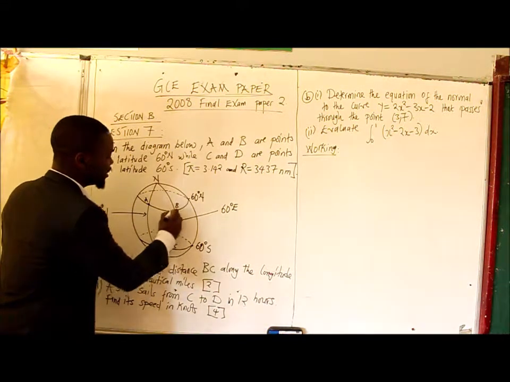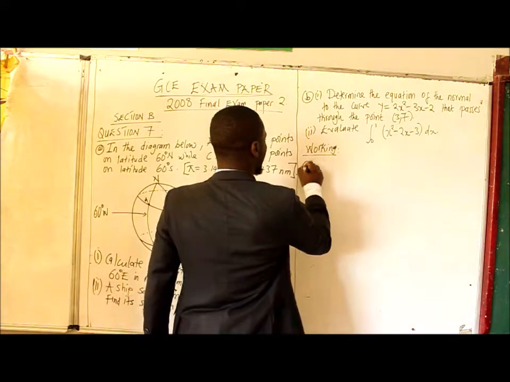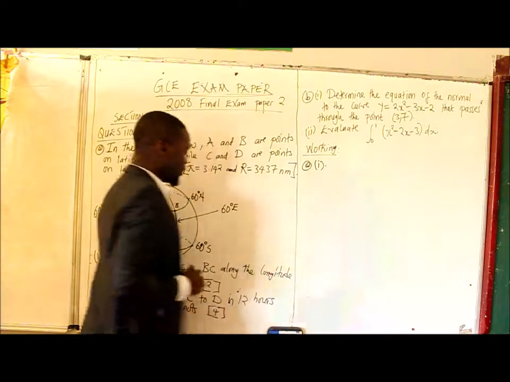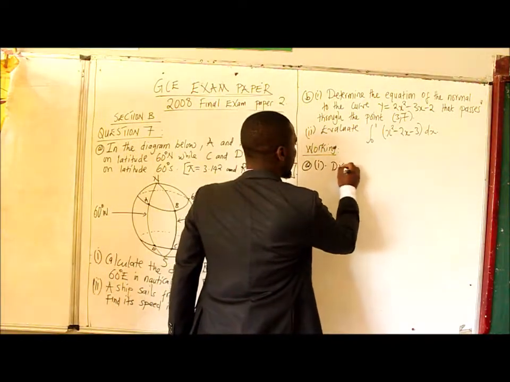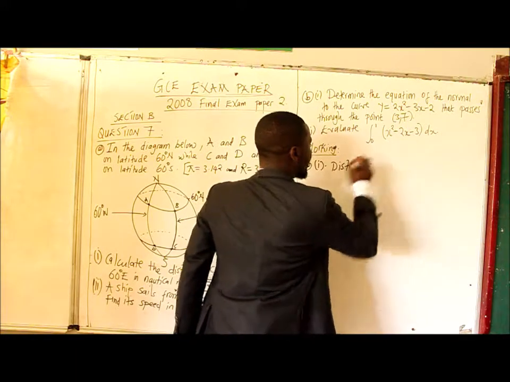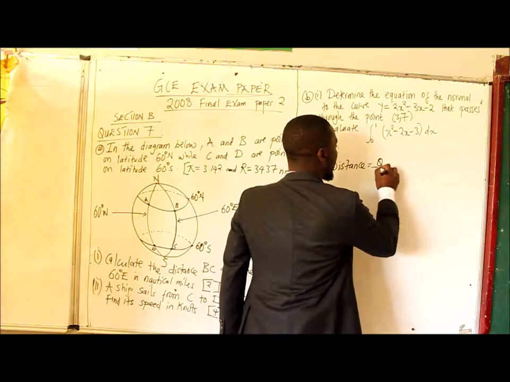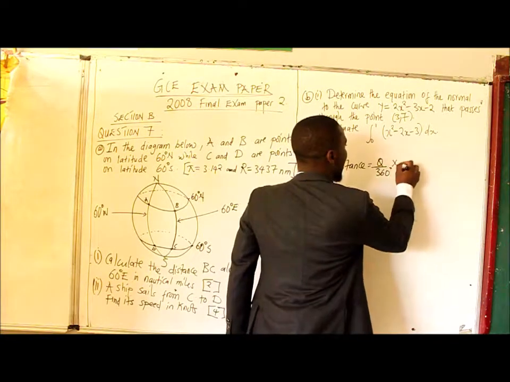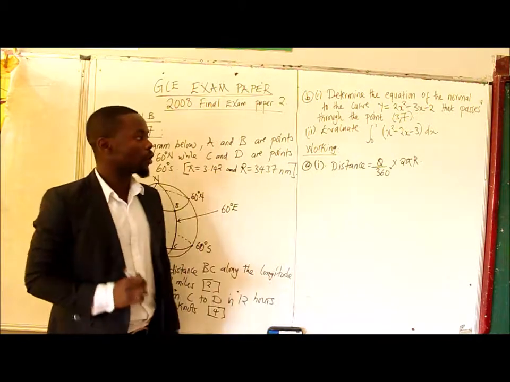We know that this distance is along the longitude. So let's use the formula for a distance along the longitude. The distance formula is equal to theta over 360 degrees times 2 pi r, since it's along the longitude.